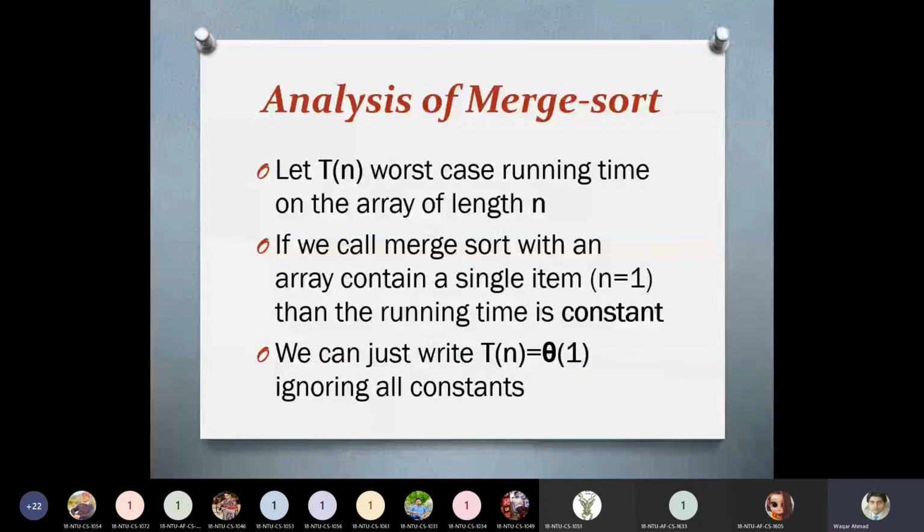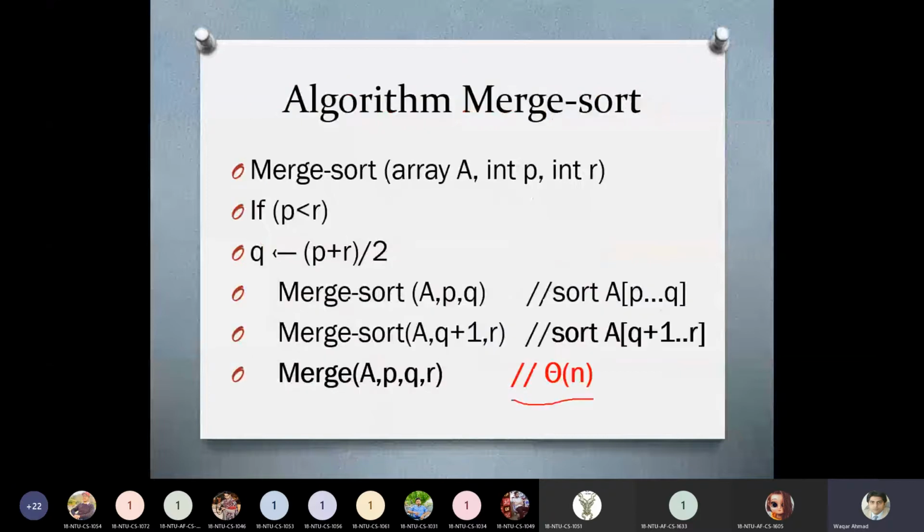Now let's have some discussion on this algorithm, and then we will try to represent this situation in the form of an equation. We will use an equation to represent the merge sort activity.